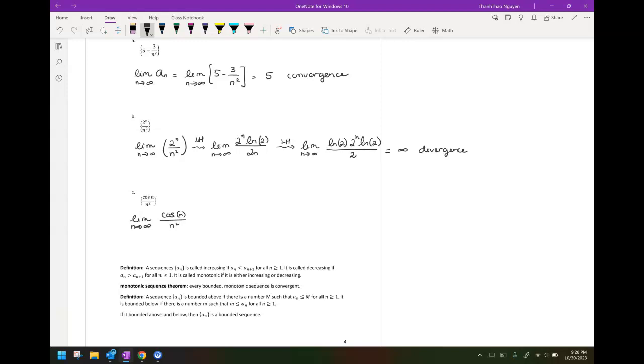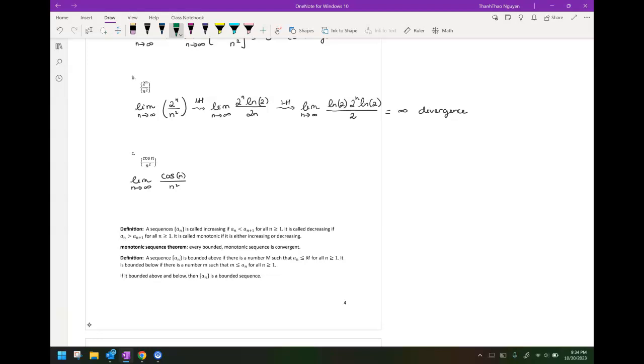As n approaches infinity, this goes to infinity. Whether this is positive or negative, we don't know. What I know is that cosine of n is between -1 and 1. Which means -1 divided by n squared is less than or equal to cosine of n divided by n squared, less than or equal to 1 divided by n squared.